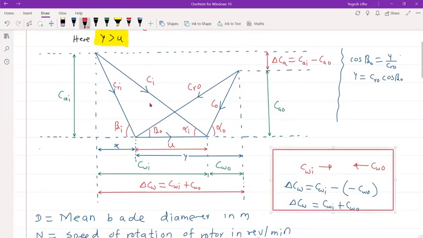Give this point here, Y is greater than U, and start drawing this drawing in that half page blank that I told you.